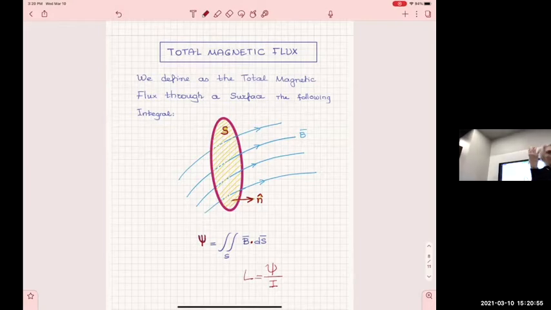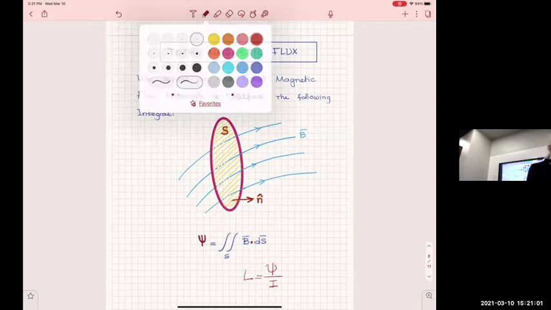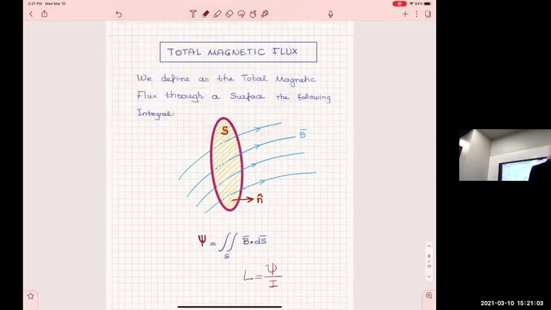All right, so the inductance, as we said before, is nothing else but a measure of the flux that can be generated and kept in one space, the magnetic flux.